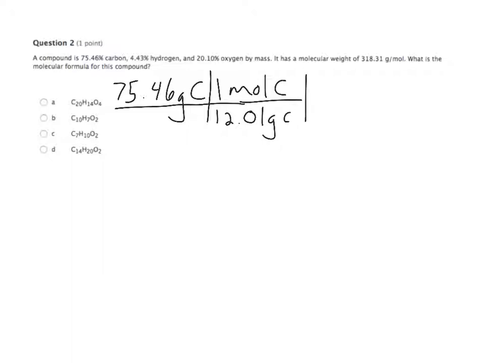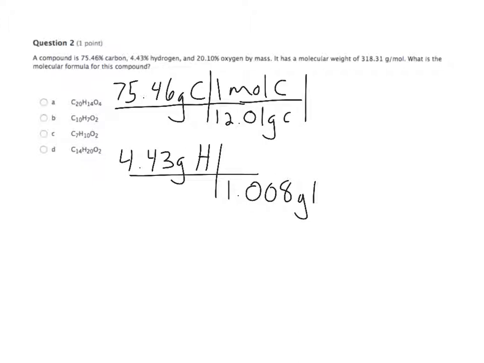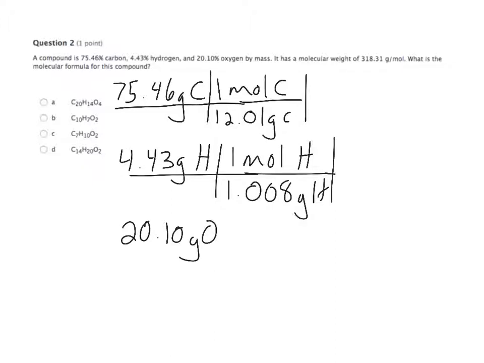And then 4.43 grams of hydrogen, and the formula mass of that is 1.008. Now remember, we're getting those formula masses from the periodic table, and it's the atomic mass. It's the bottom number in each box. And then we have 20.10 grams of oxygen, and its formula mass is 16.00.